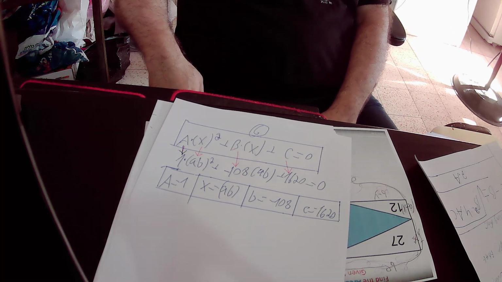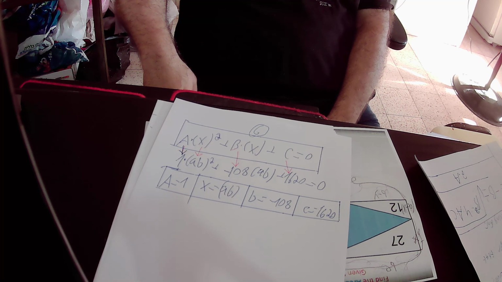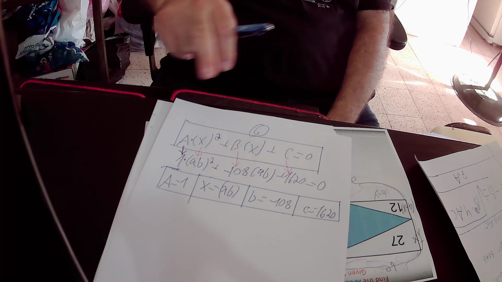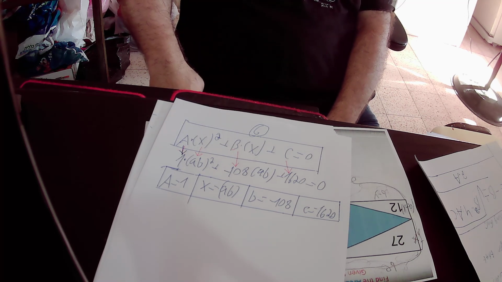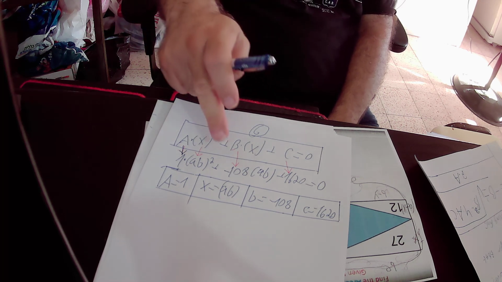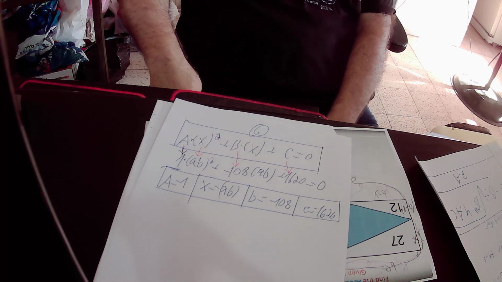So after we know the values of a, b, c, that are the coefficients of the quadratic equation, and the value of x, that is the variable of the quadratic equation, we will use the special equation for x in order to find the value of x. And actually the value of x, as you can see here, is x equals a times b.